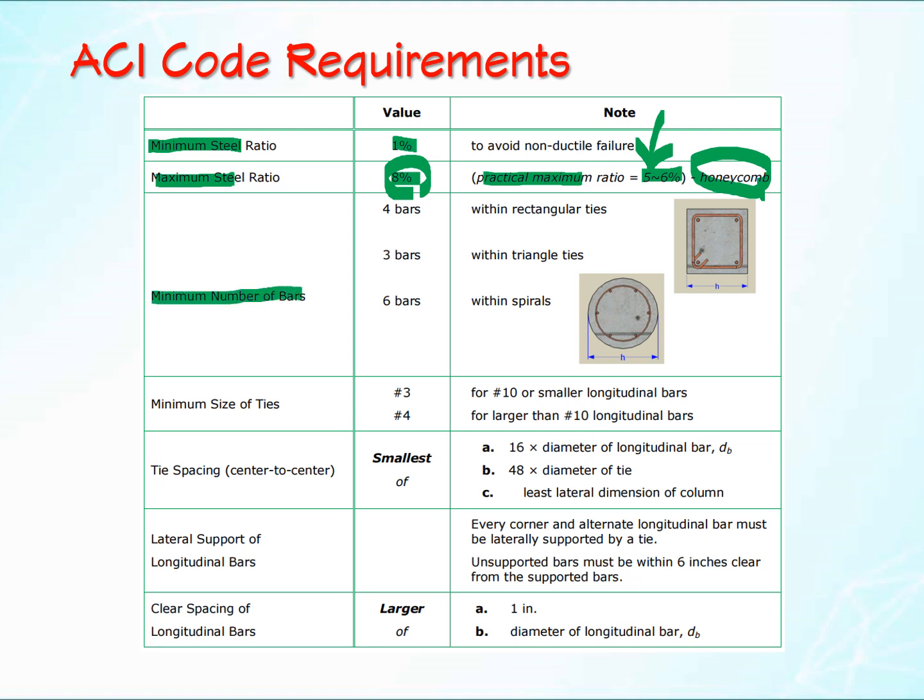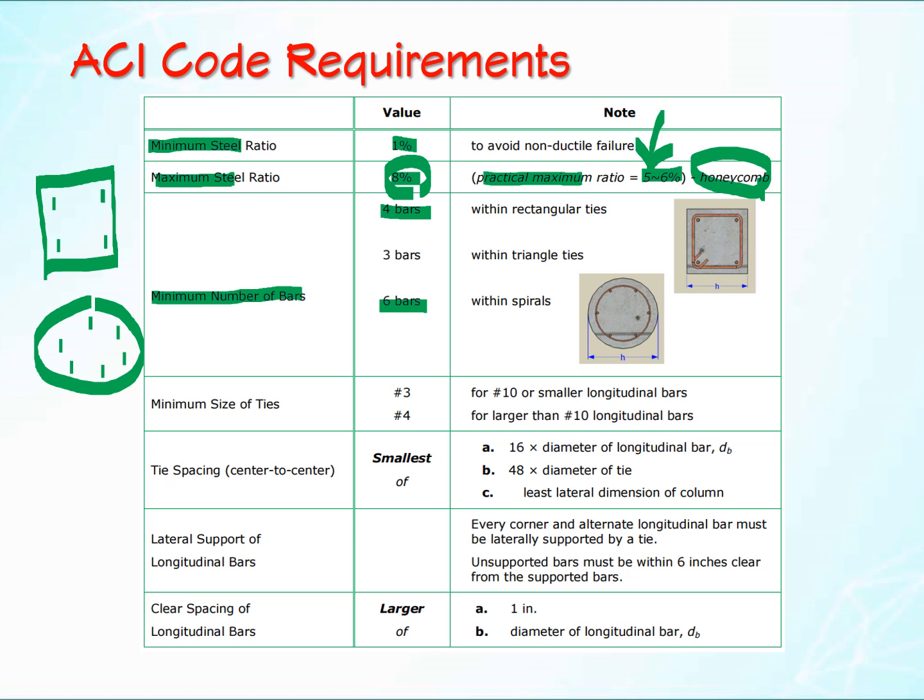Minimum number of bars is 4, because if it's rectangle or square, then each corner must have a rebar, so that at least 4. And if it's a spiral, then it will be 6 minimum. If it's a triangular shape, definitely it's 3.